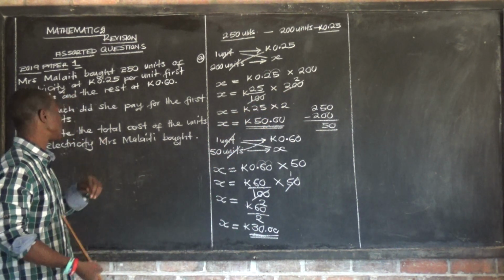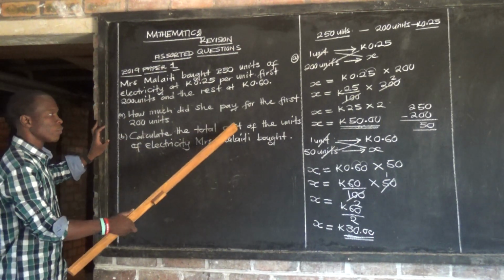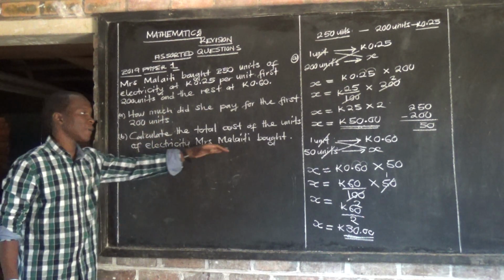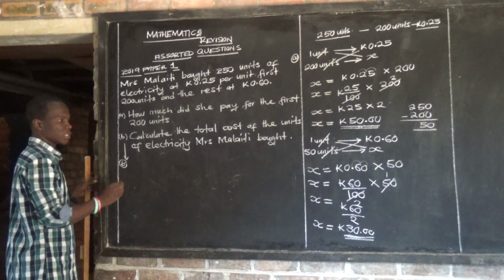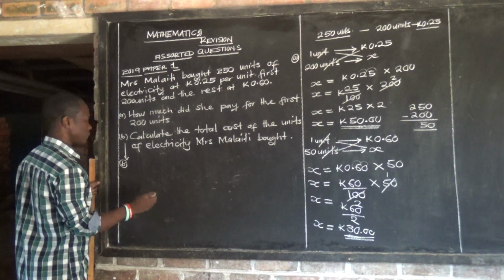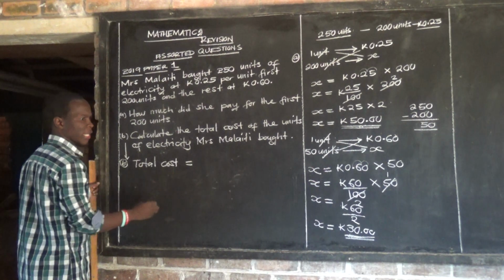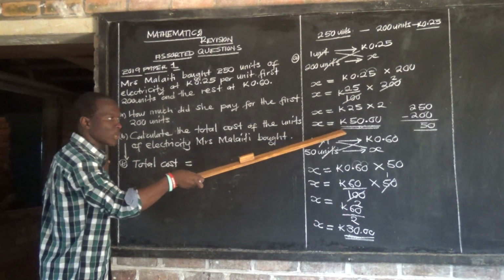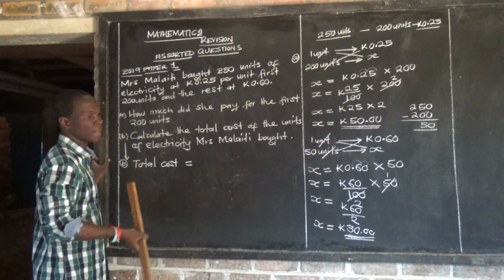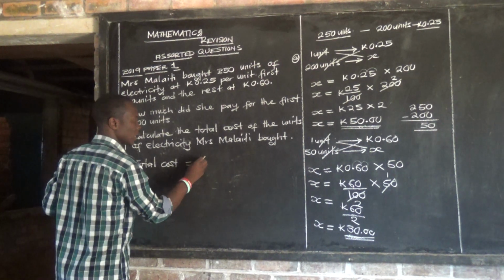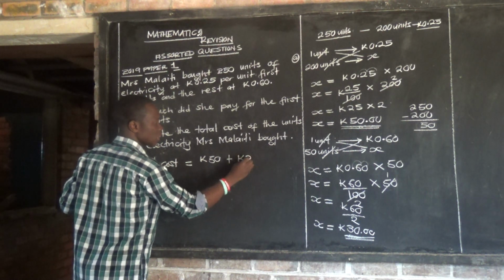The 50 was spent on 200 units. But the question says calculate the total cost of units of electricity. So let's answer question B. The total cost is the amount spent on 200 units, which is 50, plus the amount spent on the remaining 50 units, which is 30.